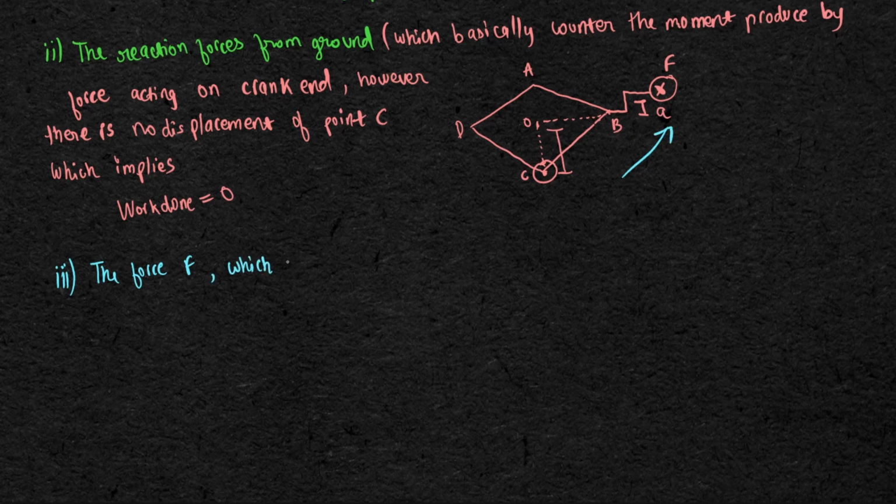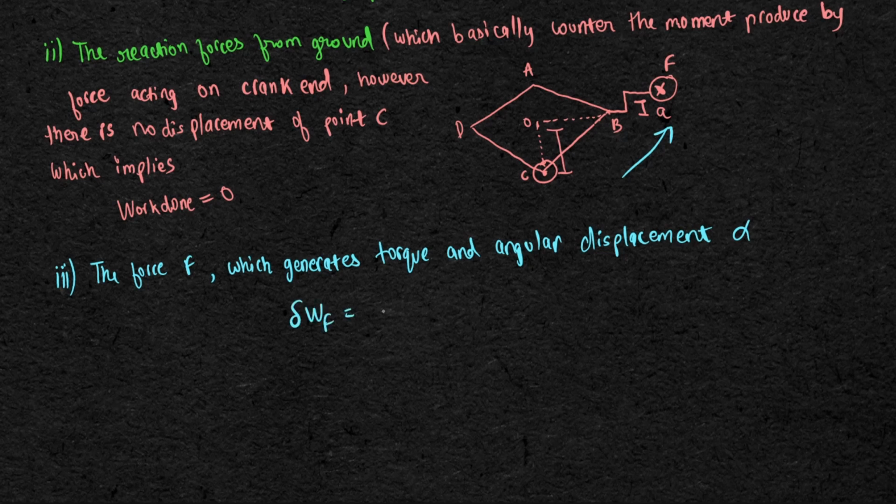The third force acting on the system is the force at the end of the crank itself, which is given by F. This force generates torque and angular displacement alpha, so that the work done by this force is equal to the torque times angular displacement, which gives Fa times del alpha.